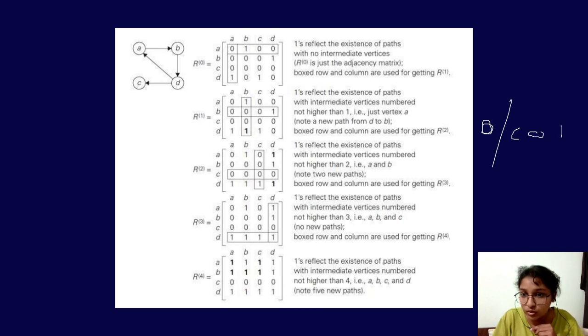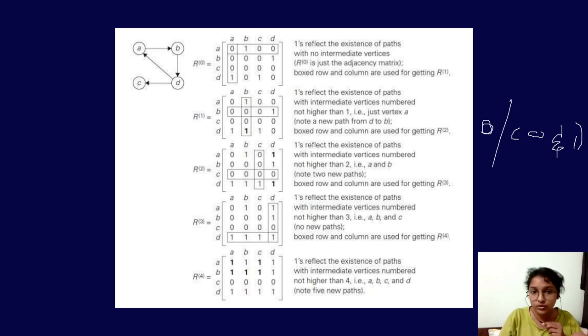No, zero. Sorry, A to B, is there a path? One. If you know the logical operation, you know that 0 and 1 would be 0, and 0 or 0 will be 0. So that change is implemented here.